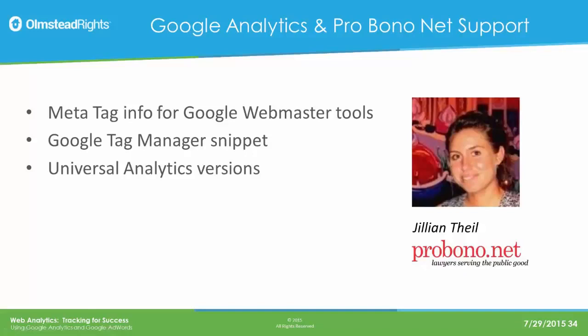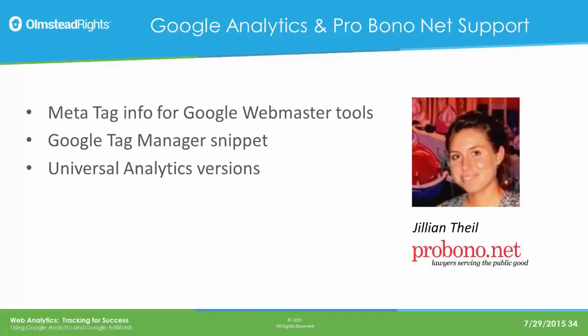While we do not currently manage Google Analytics on behalf of the Pro Bono Net network the way that we do for LawHelp.org sites, we can certainly add partner-supplied tracking code to help support the use of Google Analytics in the same way that Olmstead Rights did in working with Nehmedia.